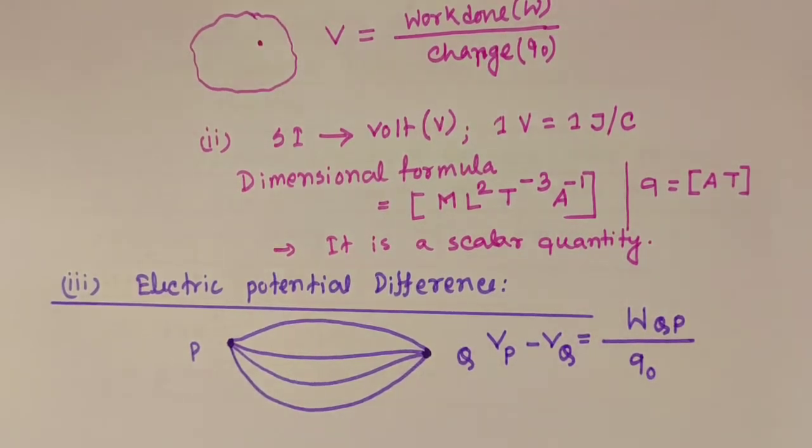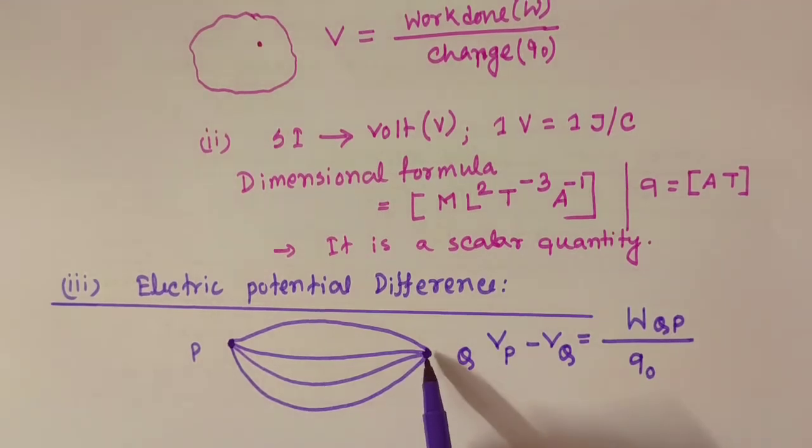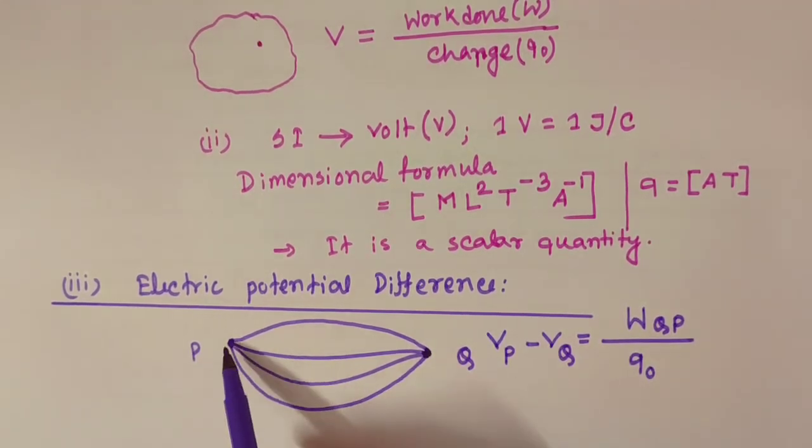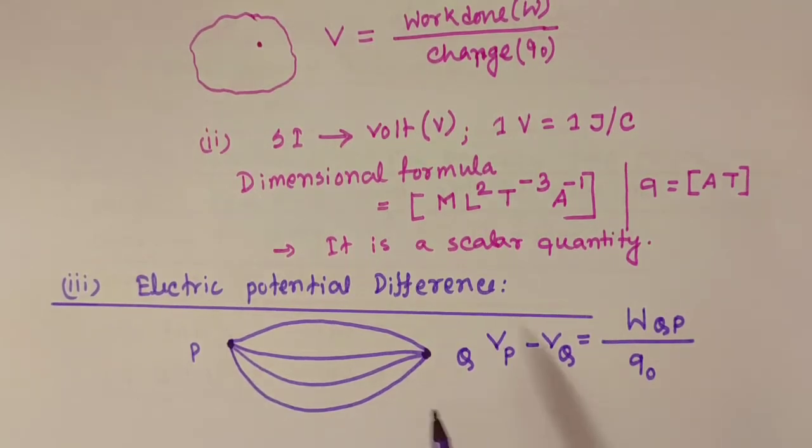Q naught is defined as test charge or unit positive charge, and we are bringing this positive charge from Q to point P, and in this case we can define electric potential difference Vp minus Vq is equal to WQP divided by Q naught. W is work done and Q naught is a test positive charge.